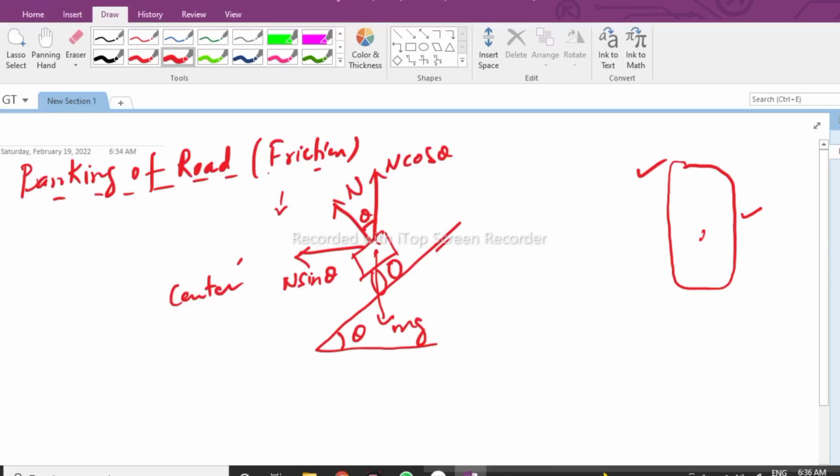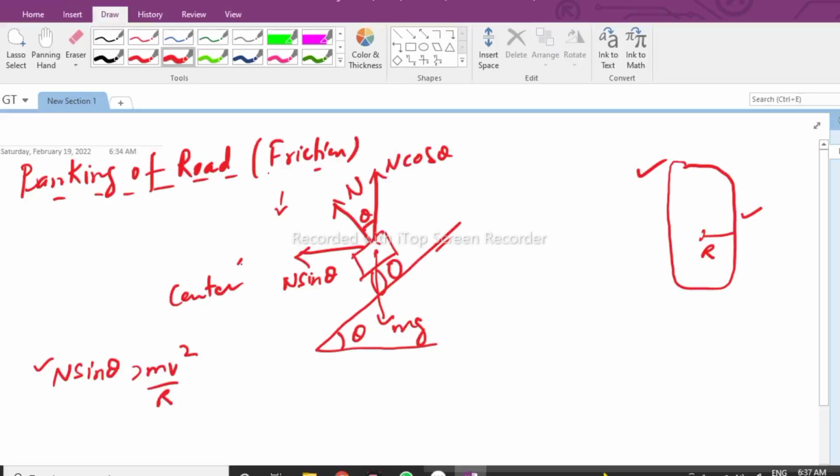Basically, in these types of problems, you first have to resolve the vectors, and here two possibilities are there. Suppose I am taking the possibility N sin theta is greater than mv square by r. Let us say this is the center, and it will have a certain radius, no?